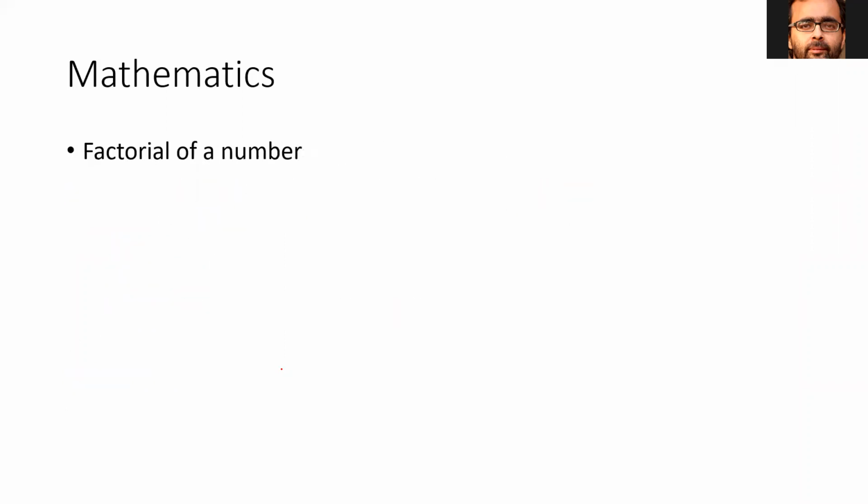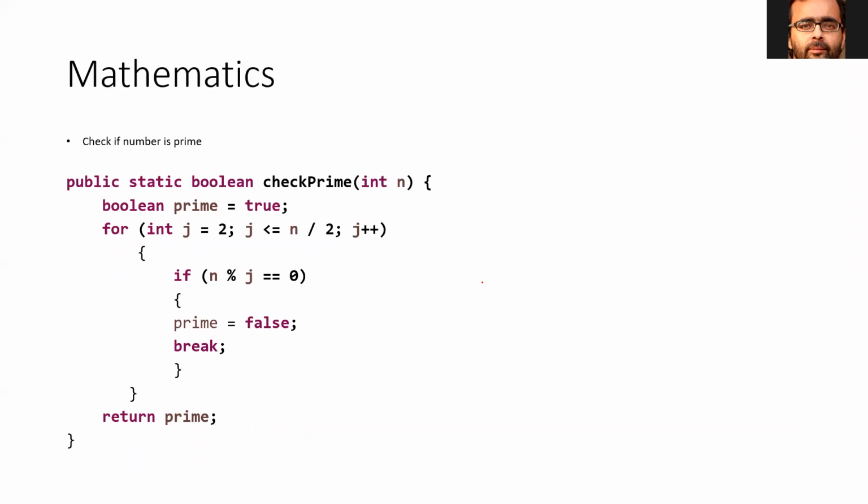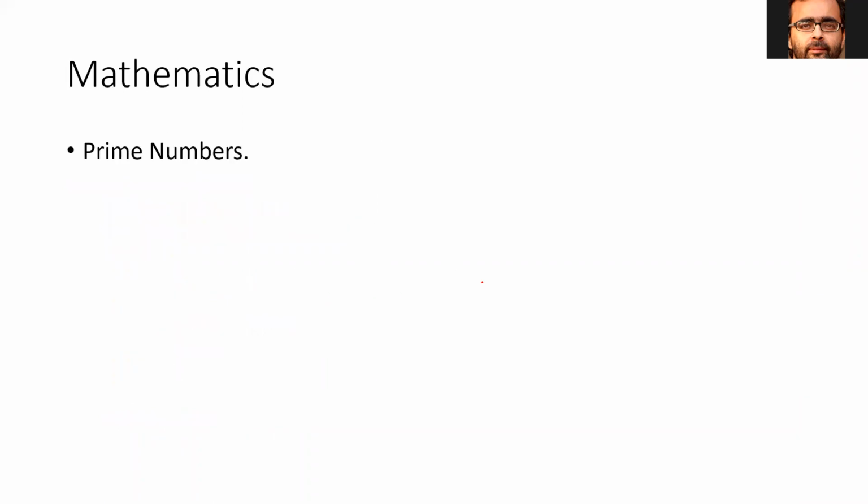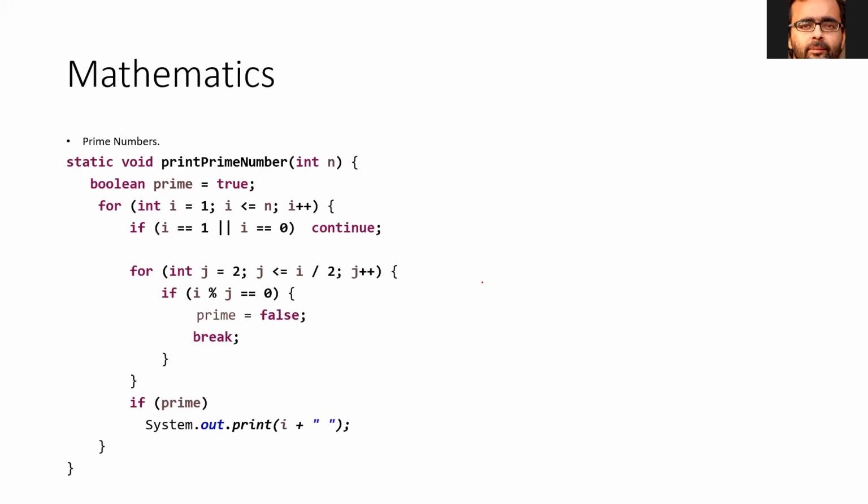We saw factorial, how to compute the factorial of a number, and then we saw how to check if a number is prime or not. I have these examples and I will share them with you. Executable codes are there, so I will share them with you. And then we saw printing prime numbers. If a number is given, like 1000, then you can print the prime numbers from 1 to 1000. So that also we saw.